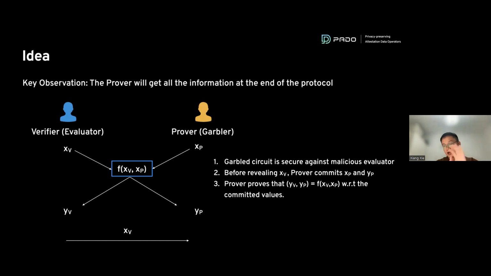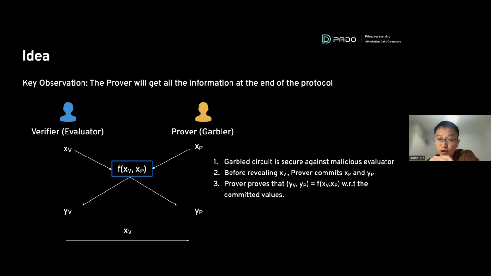The key point is that when we compute this two-party computation, we use garbled circuits. Garbled circuits are very suitable for Boolean circuits, and they have a very nice property: they are secure against a malicious evaluator, which means we only need to consider the malicious prover case.